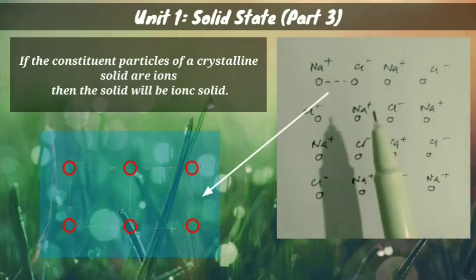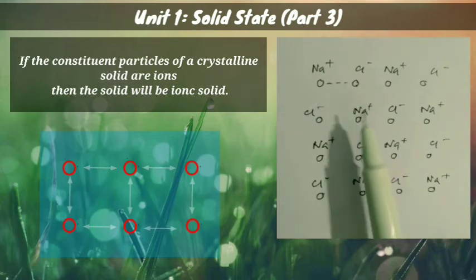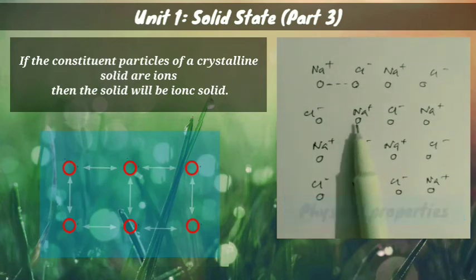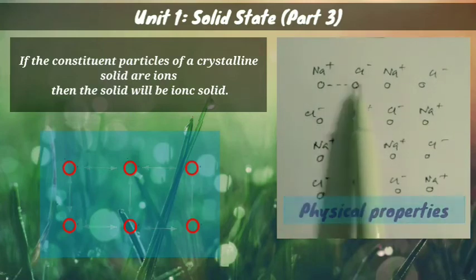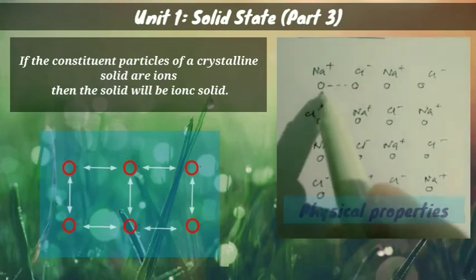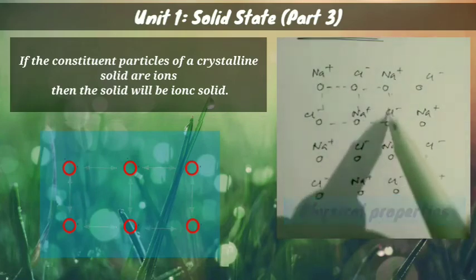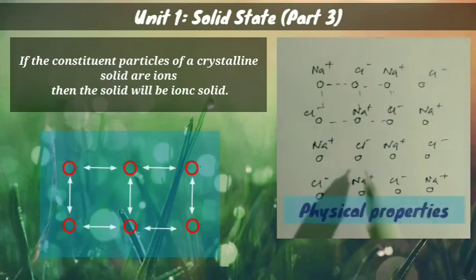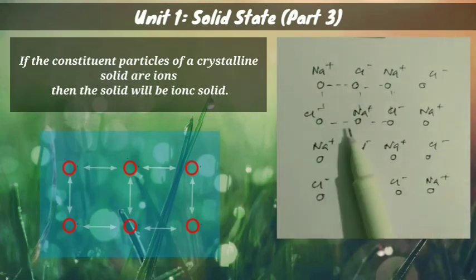That's why it shows some physical properties: these solids are hard and brittle in nature. Why? Because the intermolecular forces of attraction, the Coulombic attraction, are very high. So that's why these solids are hard.